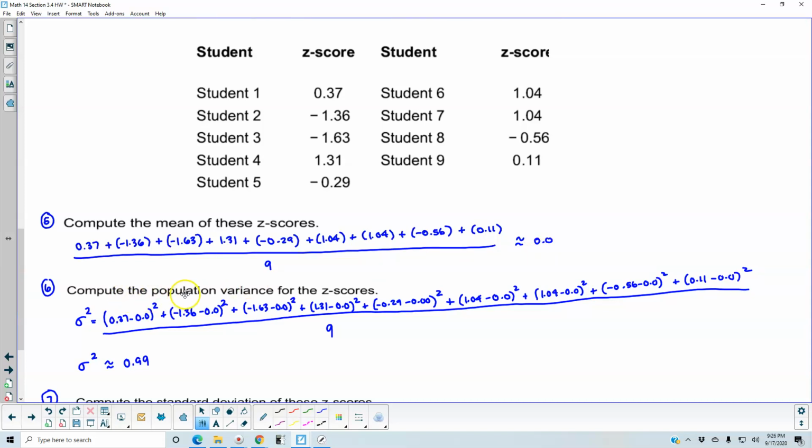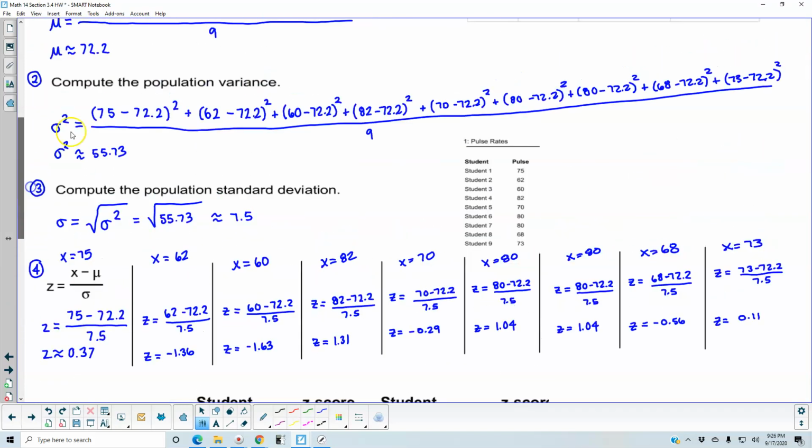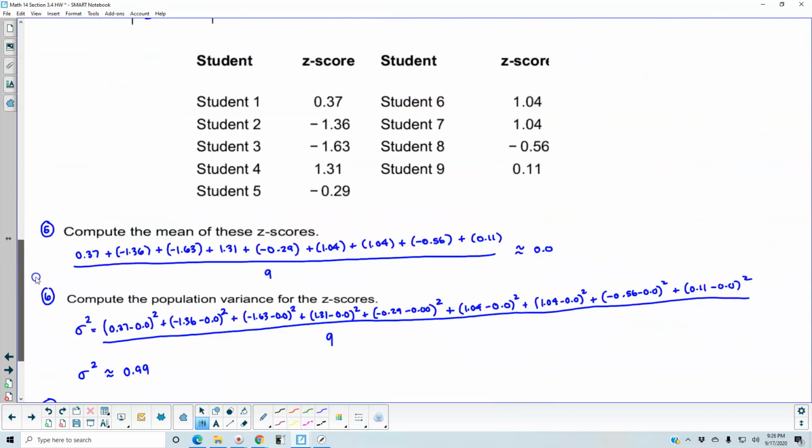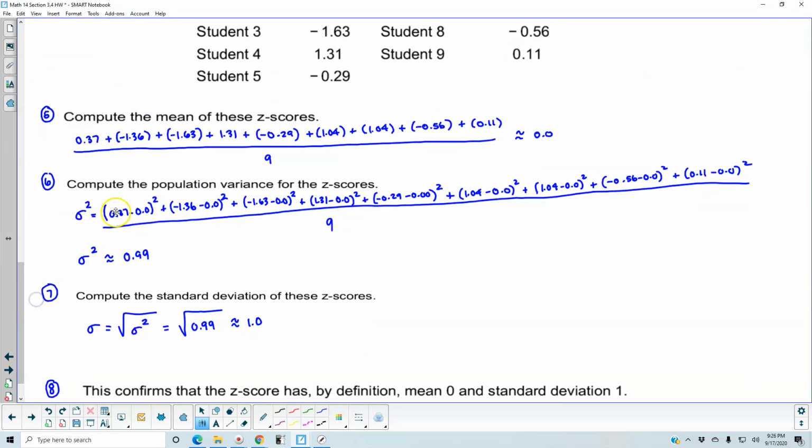Then when we compute the population variance for the z-scores, we're going to do the same thing that we did back in step number 2, only now we're using the z-scores as our values and subtracting the mean, which is 0.0. So we square those values, add them all up, and divide by 9, and we get a variance of 0.99.